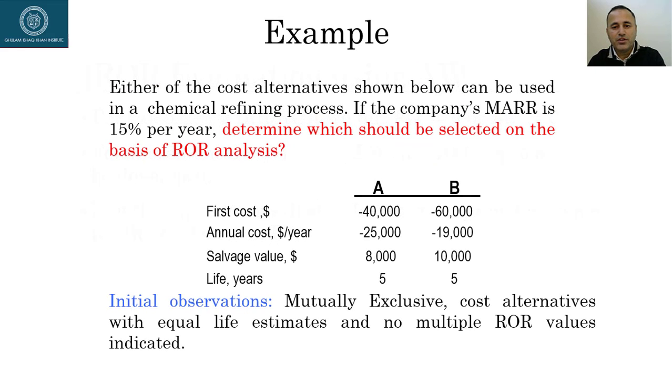I'll talk more about the approach, that is, how we do incremental analysis. In incremental analysis, even if we are comparing 3, 4, 5, or 6 projects, we do comparisons pairwise.